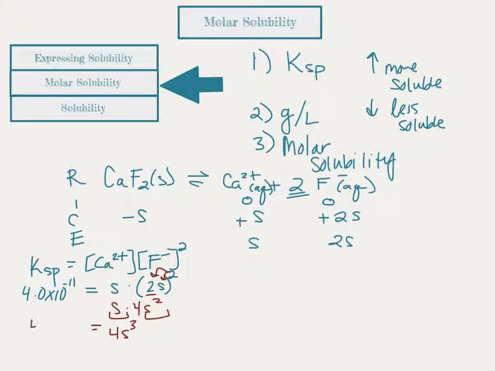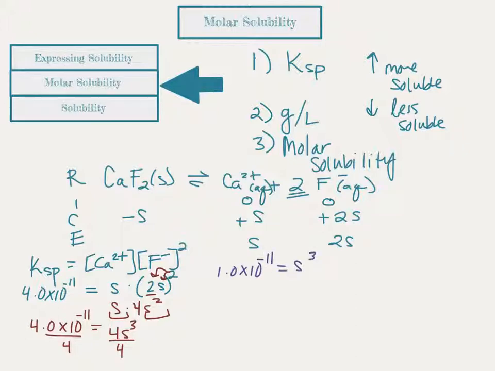We'll set that equal to the equilibrium constant. And then now it's just some simple algebra, dividing by 4. And then once we get that, we end up with 1.0 times 10 to the negative 11 equal to S to the third.